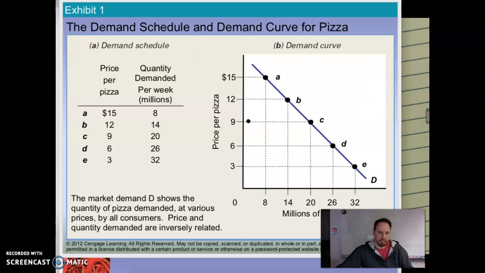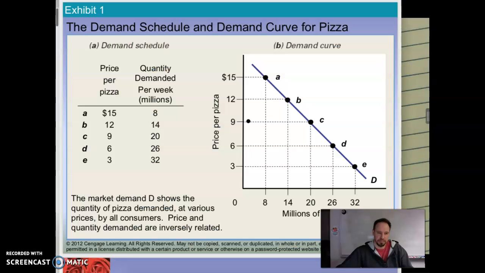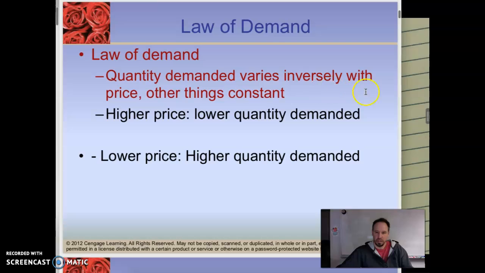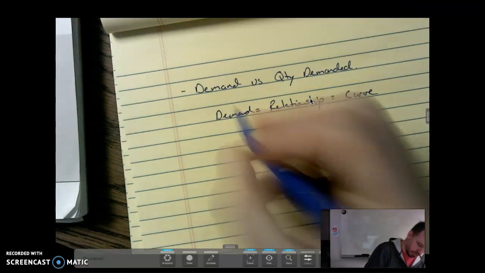So what's important to understand when we talk about the difference of demand versus quantity demanded is that the quantity demanded is one point on this curve. Demand is the entire curve.